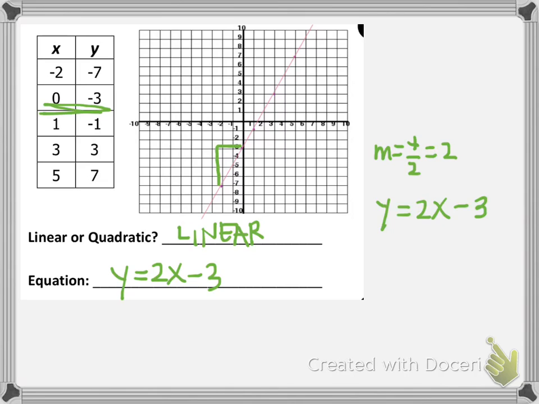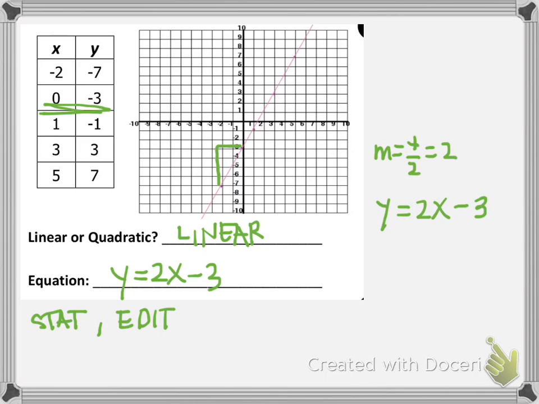Okay, so now let's go to our calculator. Get your calculator and click on the Stat button, then click on Edit. When you click on Edit, you'll have your table values come up.